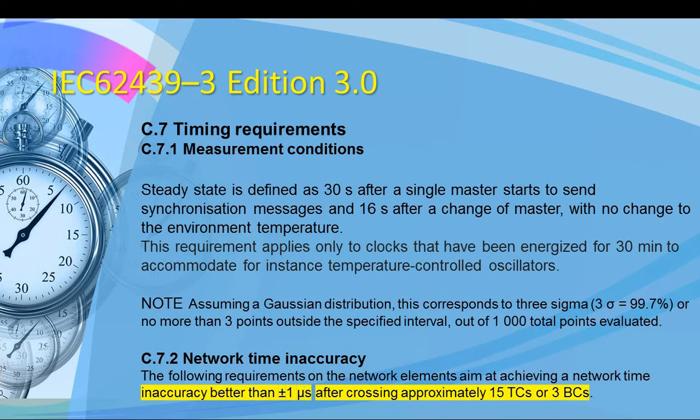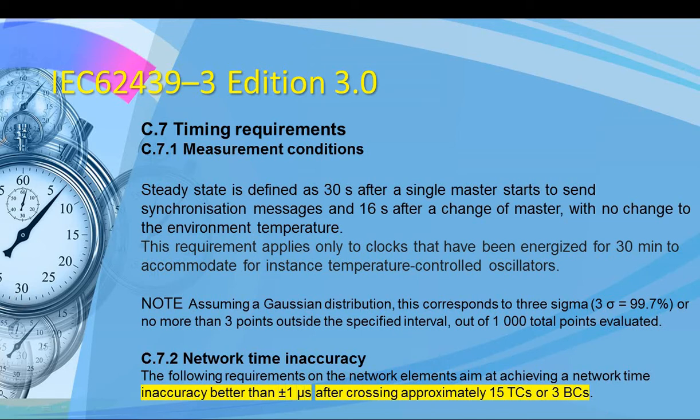There are timing requirements for different clock types. In general, the network inaccuracy is better than plus or minus 1 microsecond across up to 15 TCs or 3 BCs.